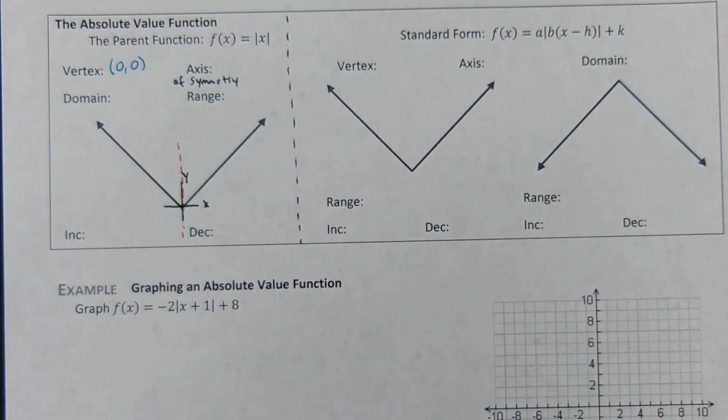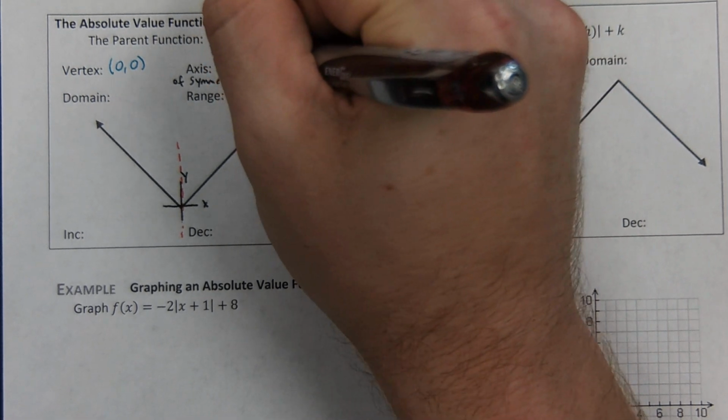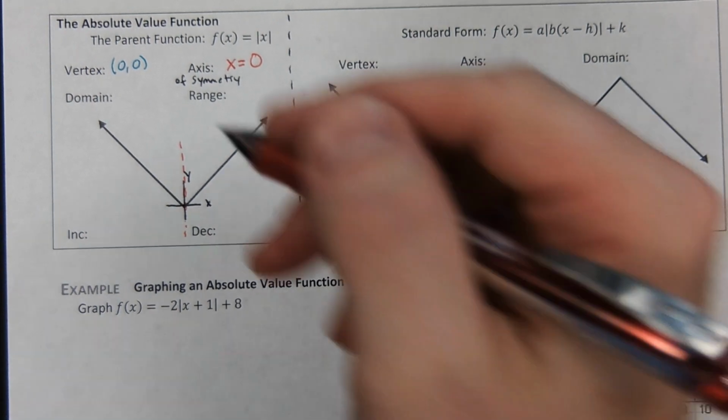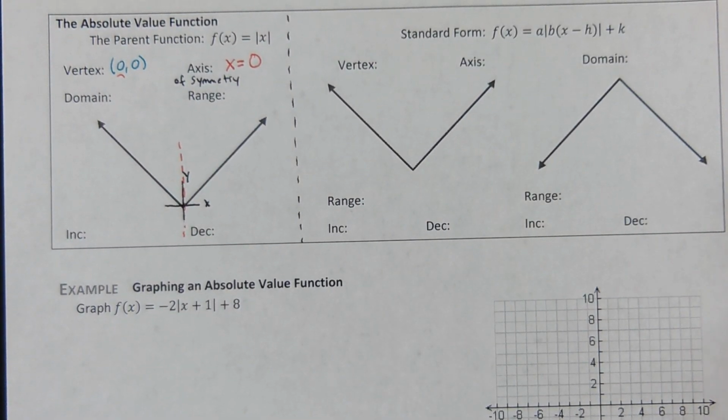The equation for that is x equals 0. It's not an accident that the vertex is at 0, 0, and the axis of symmetry is at x equals 0, because the axis of symmetry is going to go through the vertex. The axis of symmetry will always be vertical. So it will always be x equals, and then whatever the x value of the vertex is. Whatever that number is, x equals that number is your axis of symmetry.